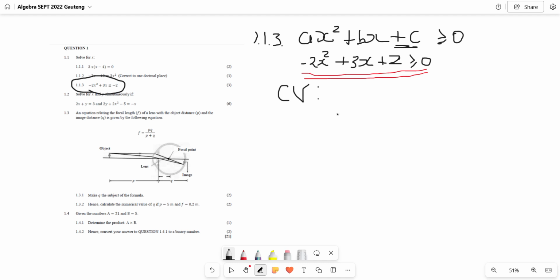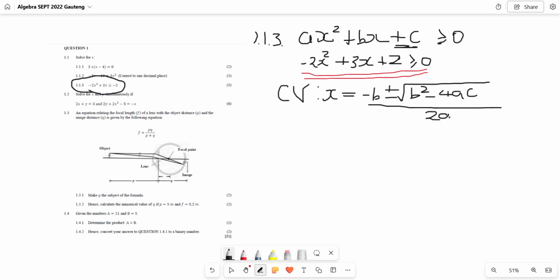Then in order to find our critical values, we are going to apply our quadratic formula, which says x is equal to negative b plus and minus the square root of b squared minus 4ac, then everything divided by 2a.